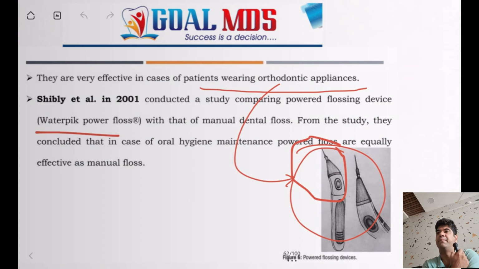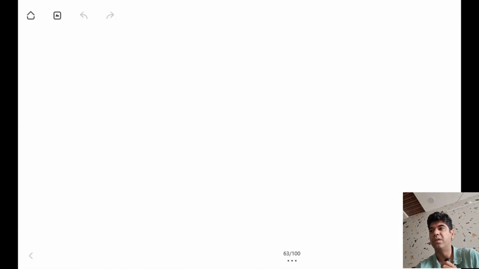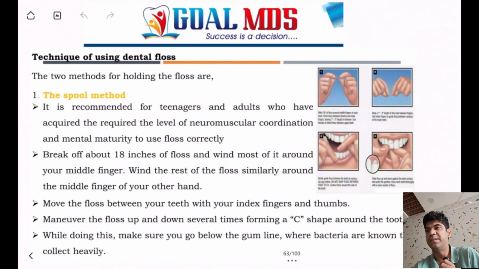So they are effective in patients wearing orthodontic appliances. Examples of this are the water pick or the power flosser. To facilitate flossing, a special holder may be used. So this is the holder and this one is the floss.